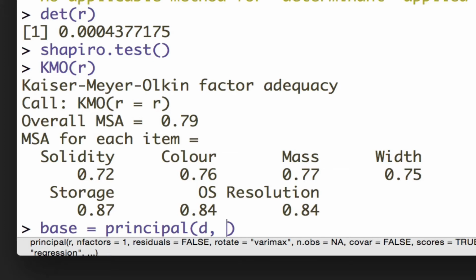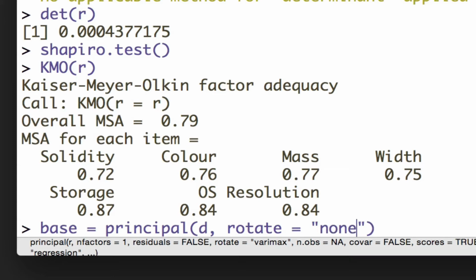And I'm going to say rotate equals none.